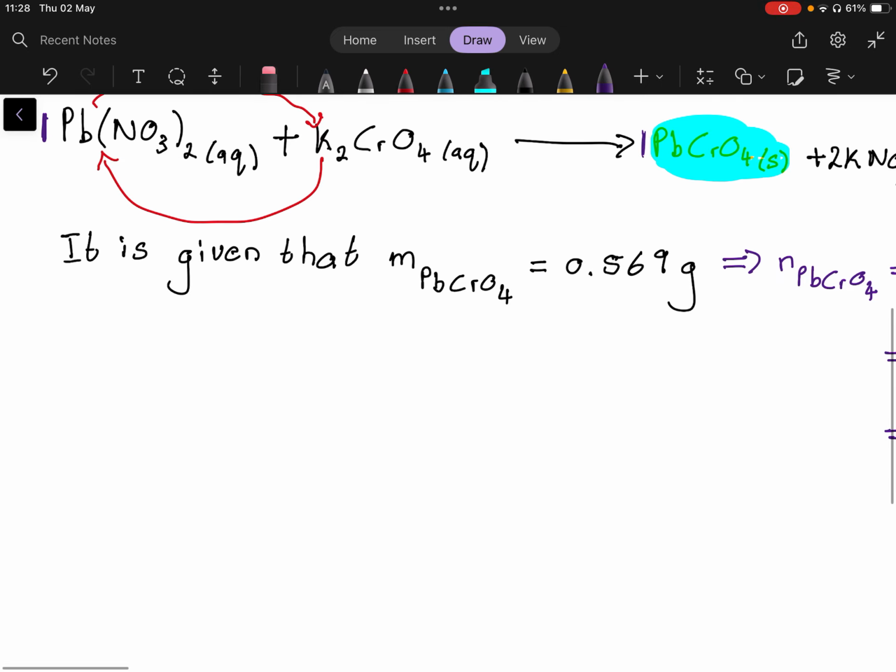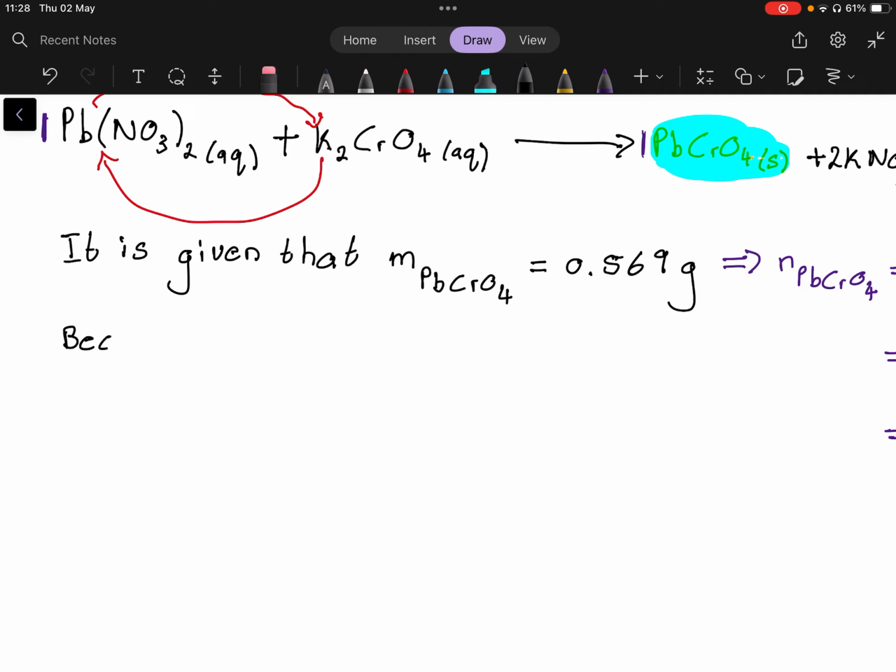Right. Now the rest of the argument comes in. If we know the number of moles of lead chromate, then we can relate it using our chemical equation to how many moles of lead nitrate there had to be in the original sample or original solution.